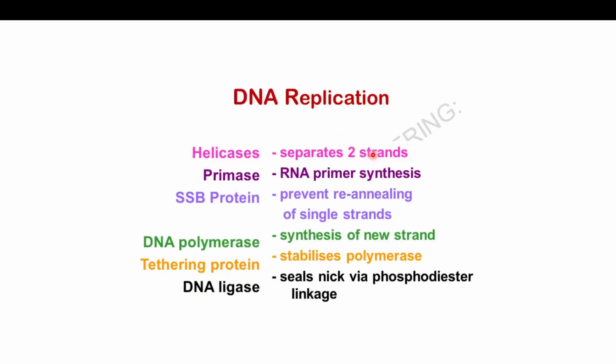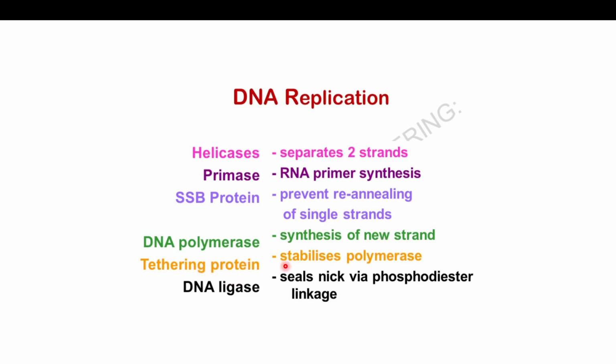Helicases separate the two strands of DNA. Primase helps in the synthesis of RNA primer because that's how the DNA synthesis starts. Polymerization of DNA starts. Then there are single-strand binding proteins, which prevent re-annealing of single strands. DNA polymerase synthesizes a new DNA strand, helping in joining of the nucleotides one after the other.